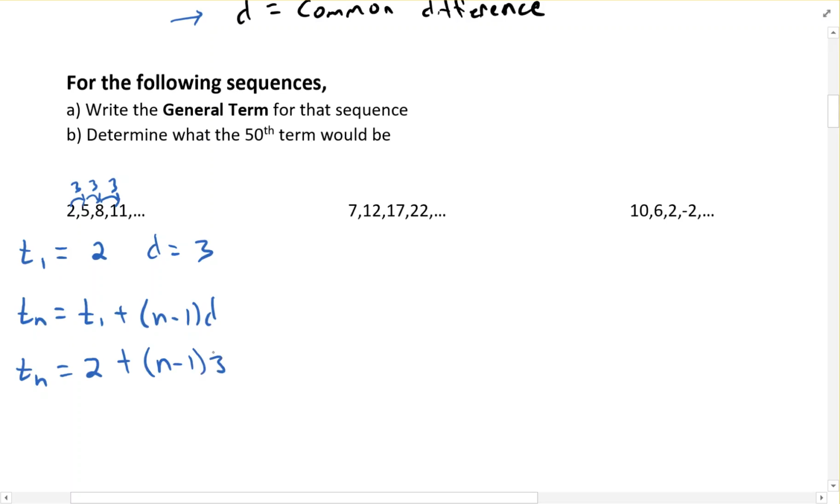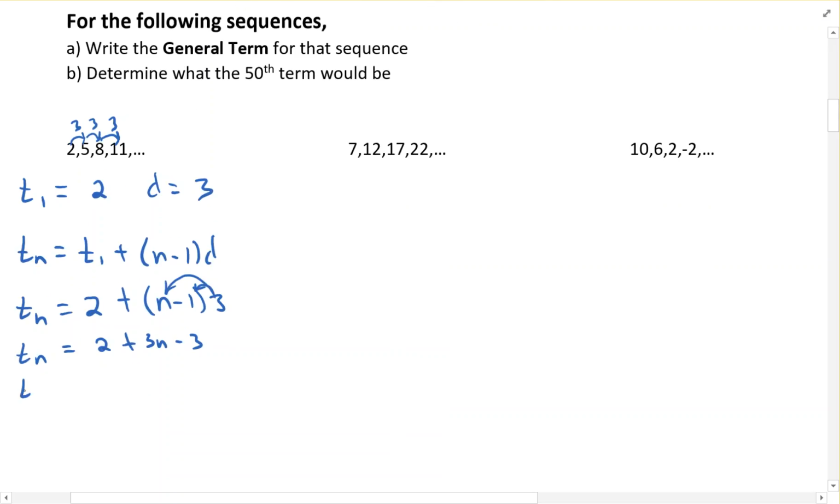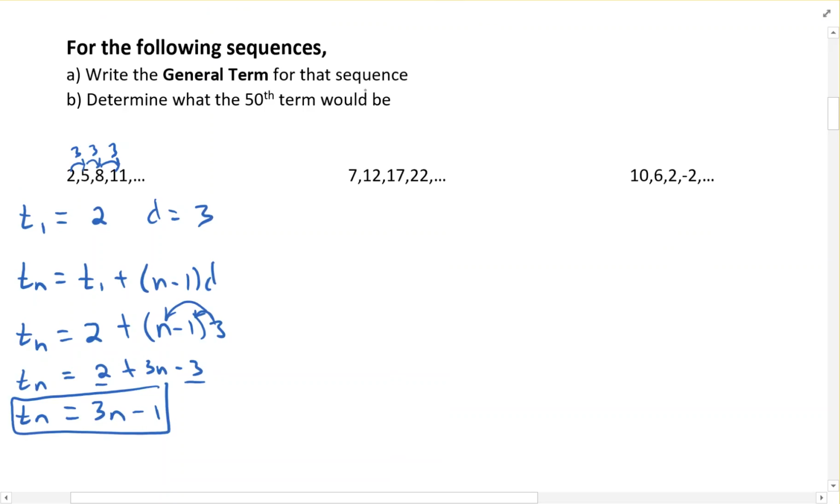We need to expand this expression, so the 3 is going to be multiplied by both of those. So we'd have Tn is equal to 2 plus 3n minus 3. So our final expression for this is going to be Tn is equal to 3n minus 1. Just collected those like terms. So that's it. That's a general term for that sequence.